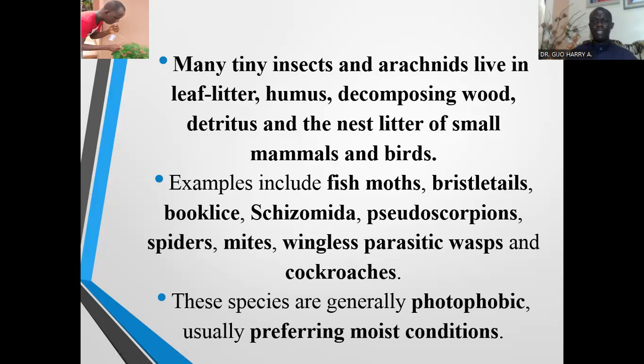So organisms that are found in leaf litter, humus, and decomposing wood and even detritus are collected with extractors. They have one very important feature: they are photophobic, as they are afraid of light. So when they encounter light, they run and hide in the leaf litter and humus.